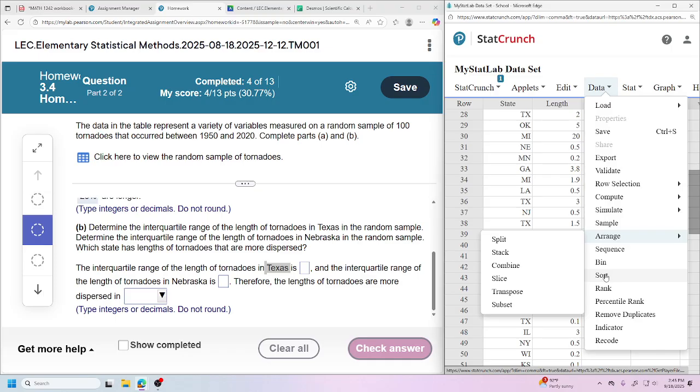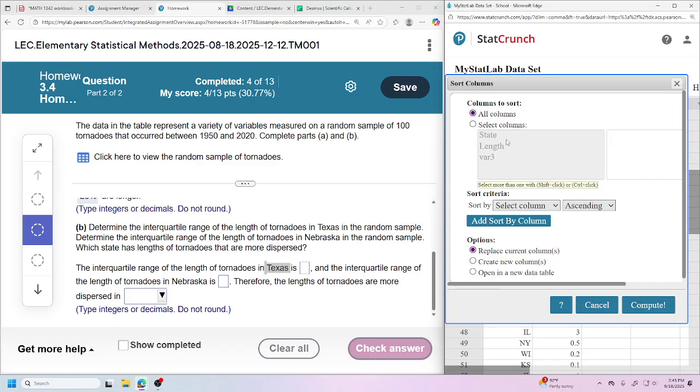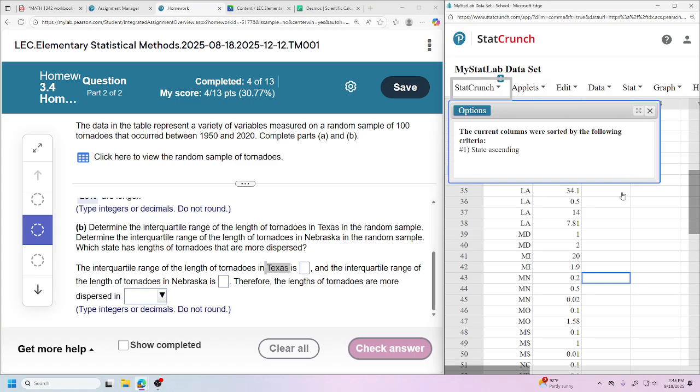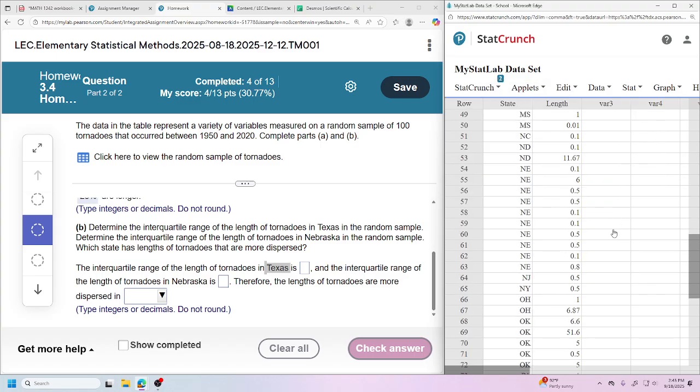So yeah, data sort, and we want basically just all columns. And by state, compute. Down in Texas, I got some of them. So yeah, I'm gonna retype them in here, and that way I get all of my Texas numbers.